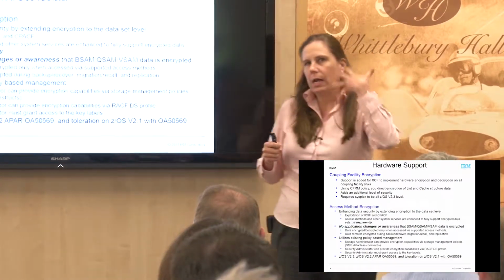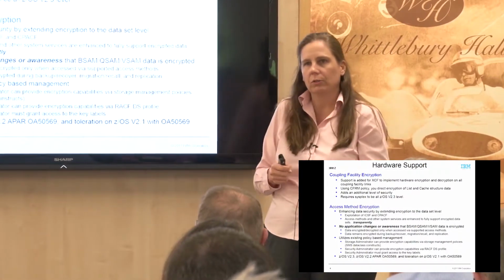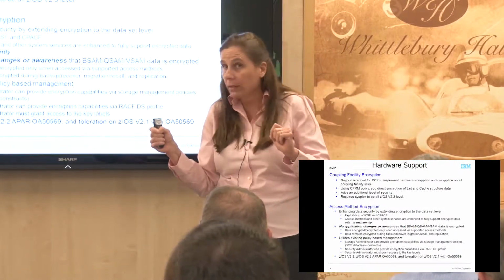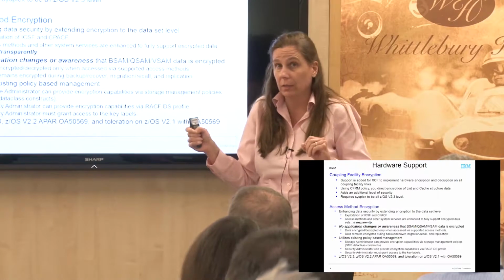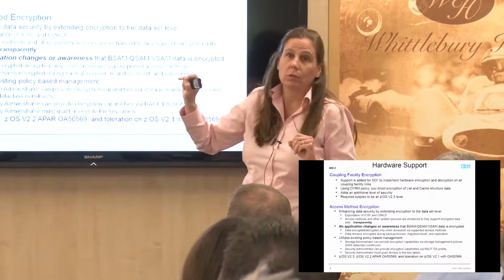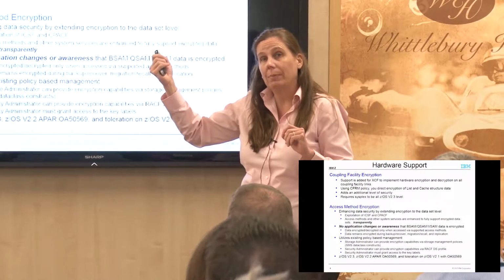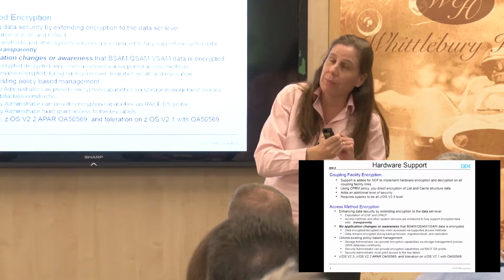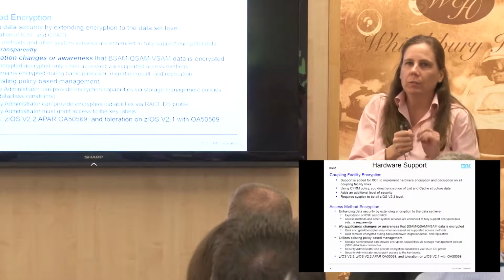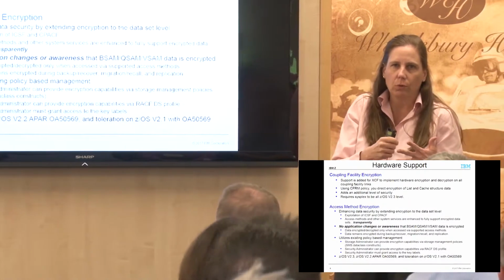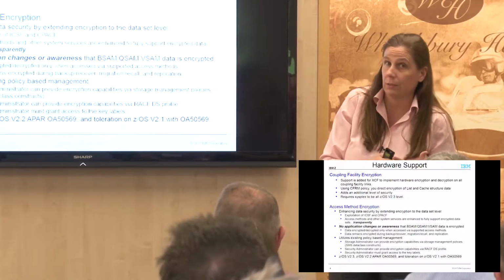So XCF can encrypt those structures inside of MVS and send them over the link already encrypted, so they will be encrypted in transit, and then stored on the CF encrypted already. And when it needs the information back, it pulls it back over the link, again encrypted, and then decrypts it on the MVS system itself. So XCF is really doing all the work, and it's doing it on z/OS.